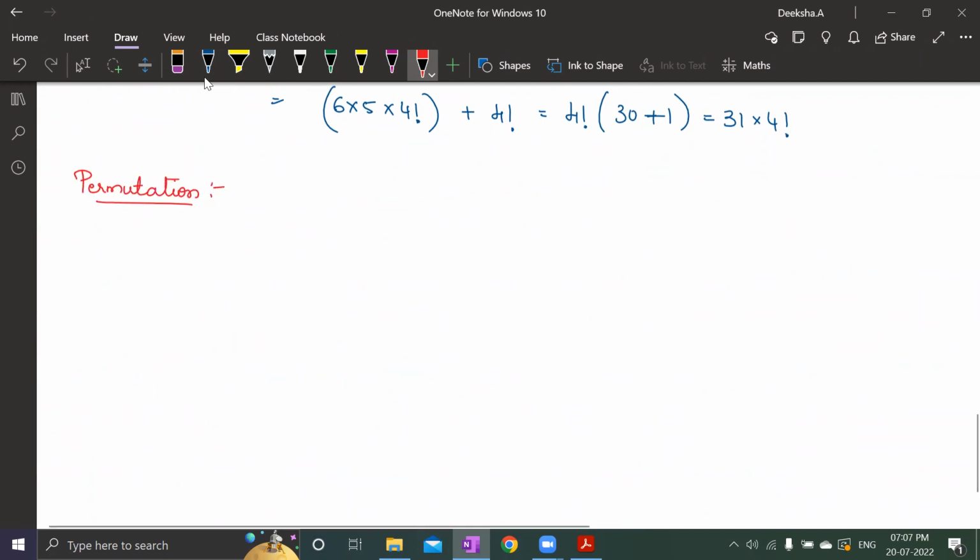So what is permutation? It is selection and arrangement. Write down this statement.